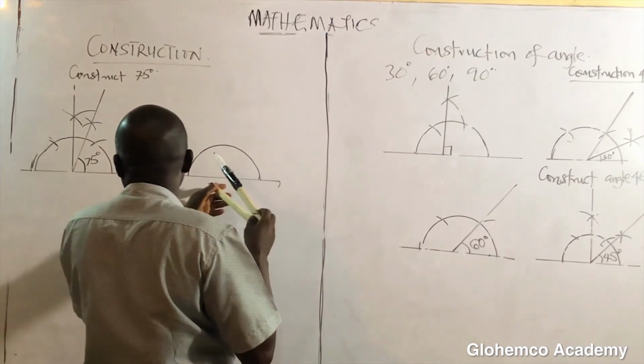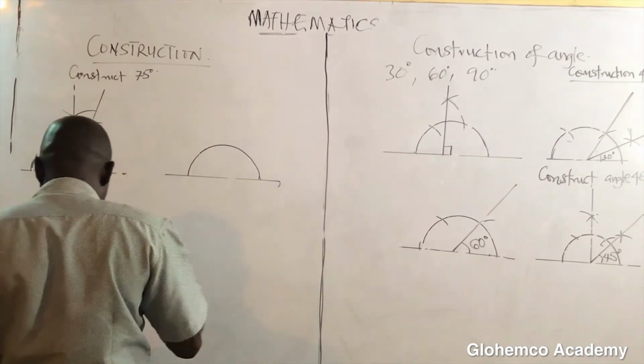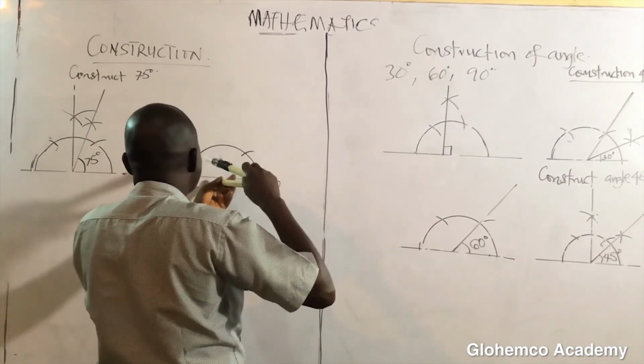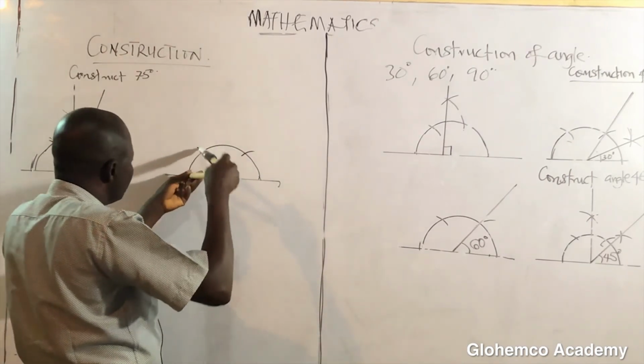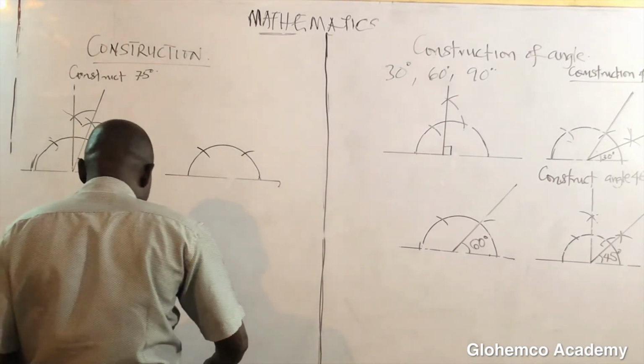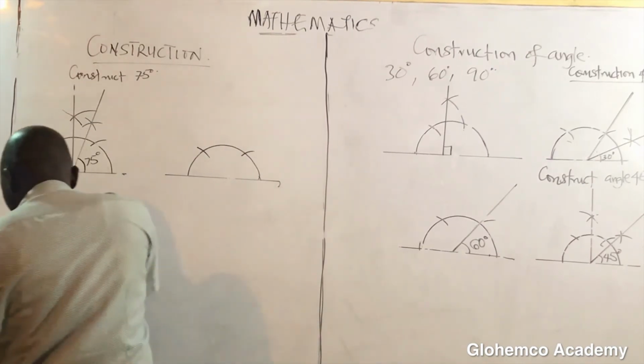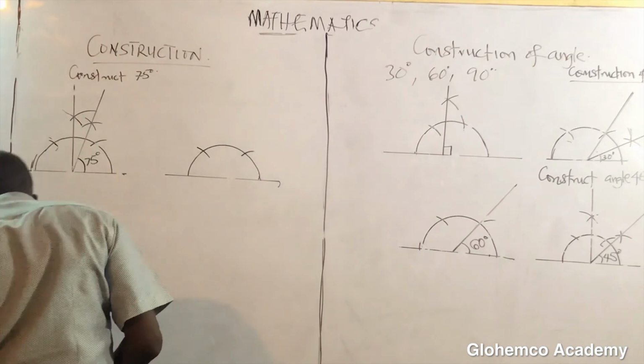Alright. Then what are we going to do? We have to construct 120 degree. By the time you get to this place, mark 60, mark another 60 this way. Now, you will notice that 60 plus 60 makes 120. It depends on the side you want to take your value to.